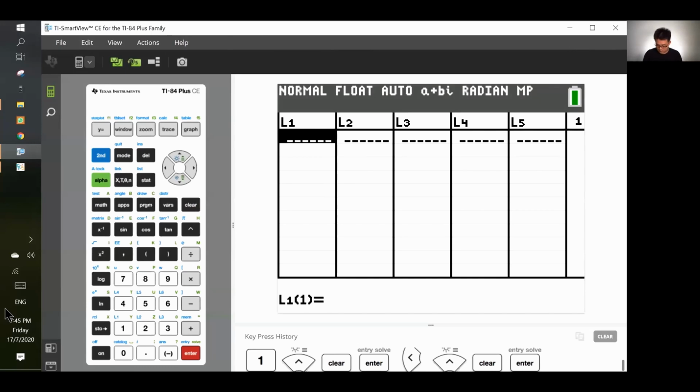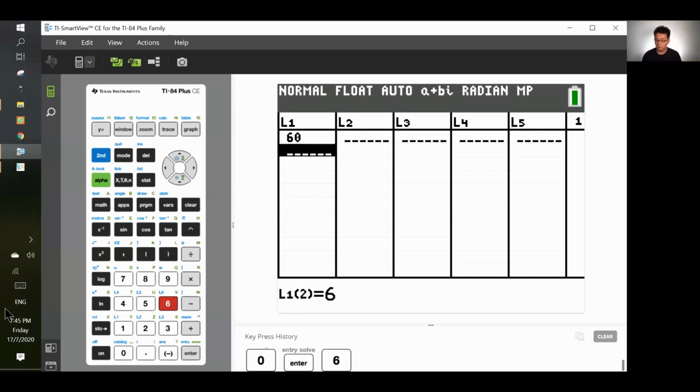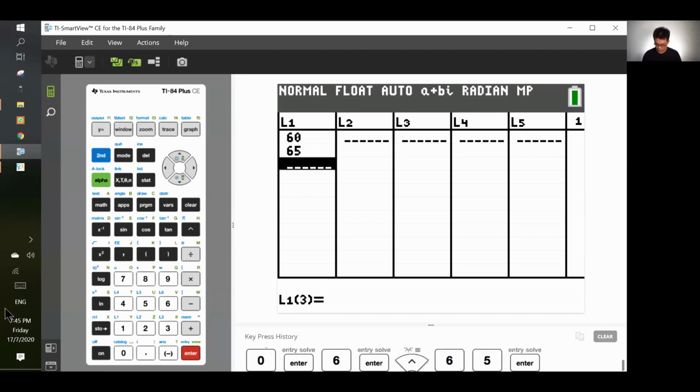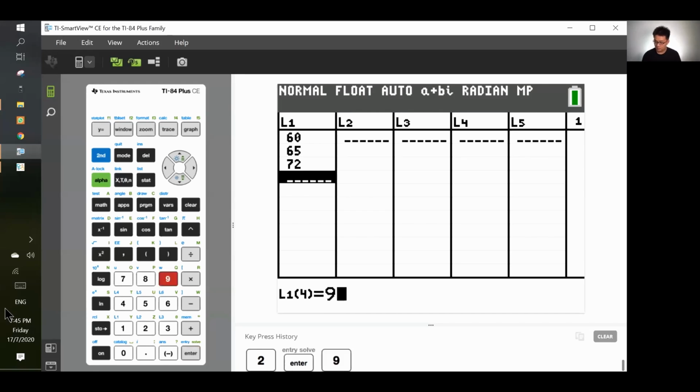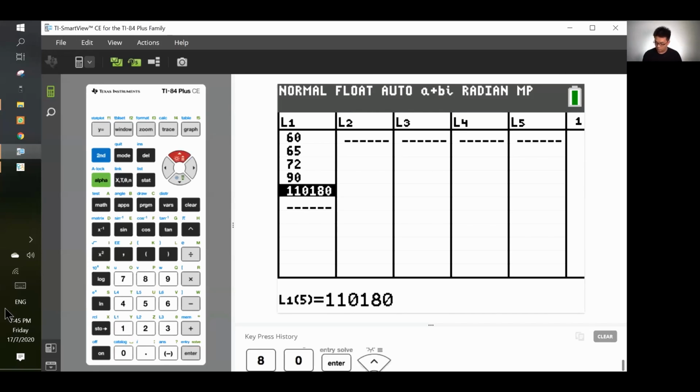So just key in 60, 65, oh yeah, 65, 72, 90, 110, 180, 110, 180.